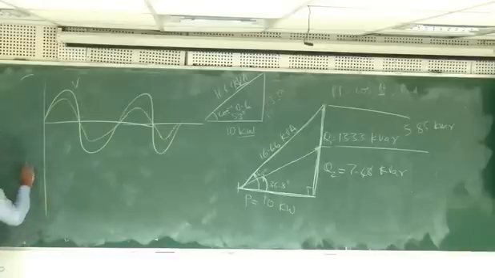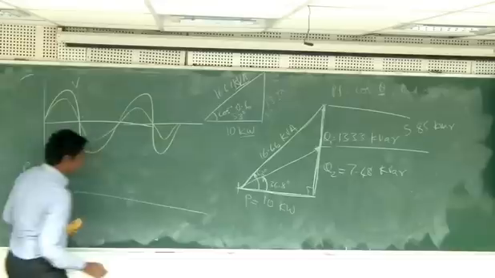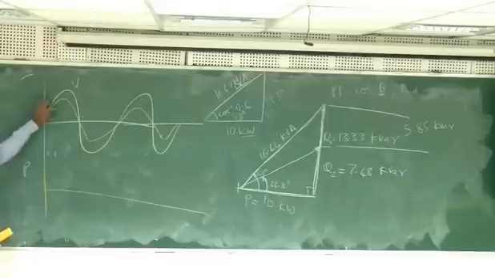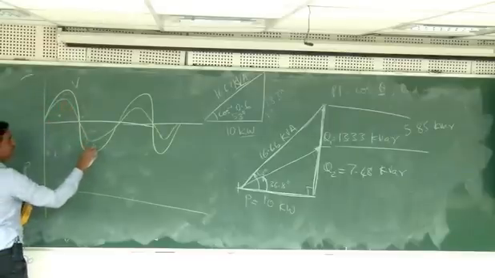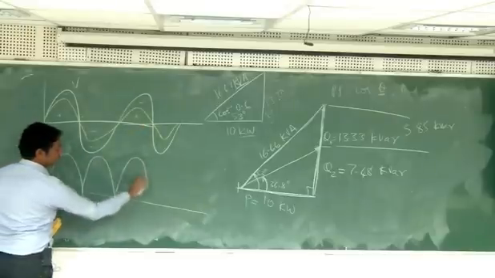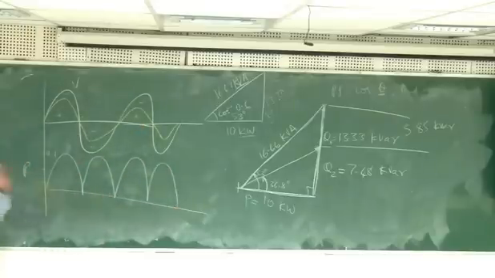Power is V into I. At every point, V into I, V into I, V into I across time you can do. So plus into plus, plus; minus into minus, plus; plus into plus. So you will get power something like this, all positive values of power.